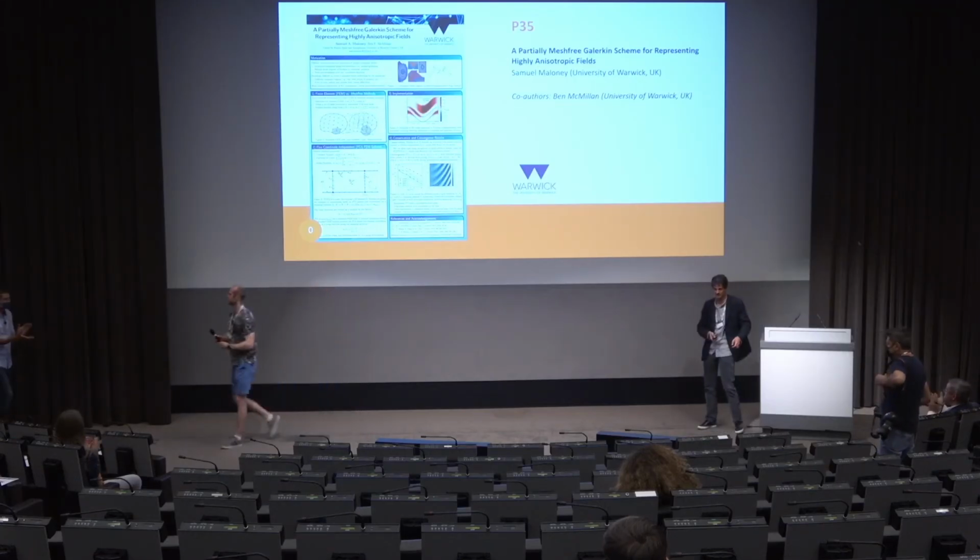And so our work is focused on taking a finite element method and modifying it with some ideas from element-free Galerkin methods to create a more efficient way of representing these fields that uses way fewer degrees of freedom, since you don't really need that many degrees of freedom along the field lines as opposed to across them, but we want to avoid the really difficult and sometimes impossible meshing problem of trying to align meshes to the really complicated magnetic geometry and physical geometry in these systems. Thank you.